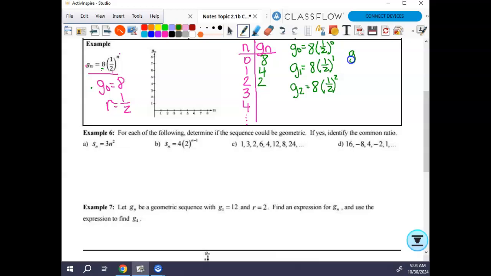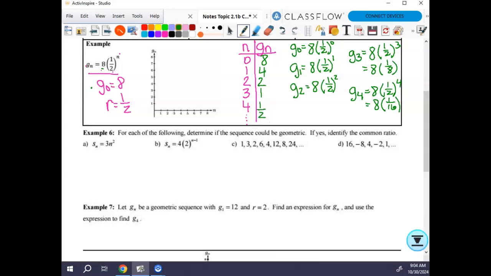All right, then G sub 3, 8 times 1/2 to the third. What is 1/2 to the third? 1/8. And 8 times 1/8 is 1. And then G sub 4 is 8 times 1/2 to the fourth. What is 1/2 to the fourth? 1/16. And 8 times 1/16 is 1/2.